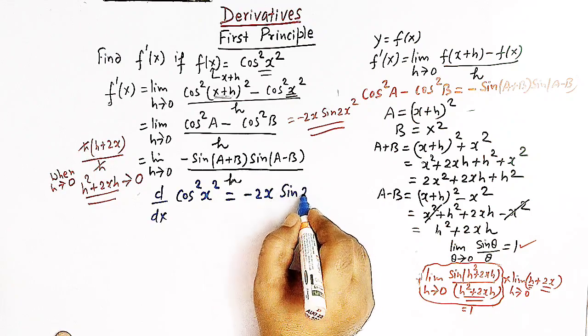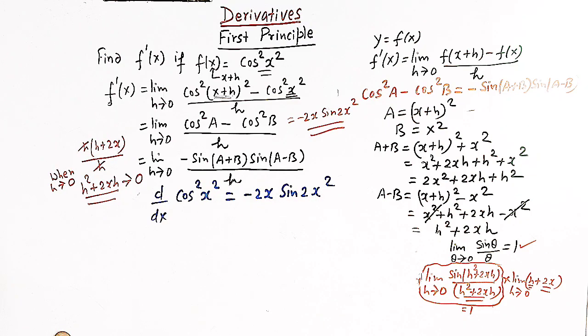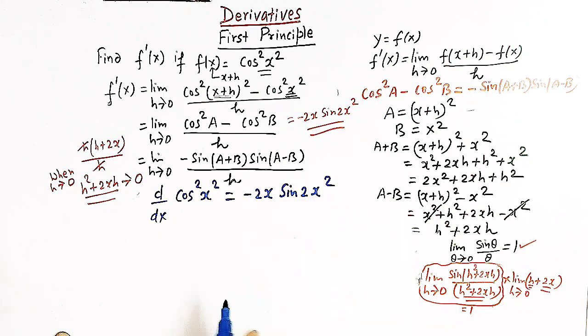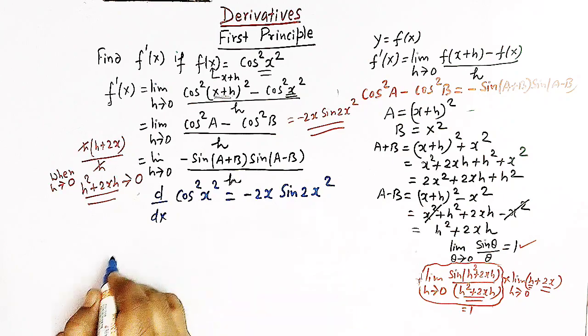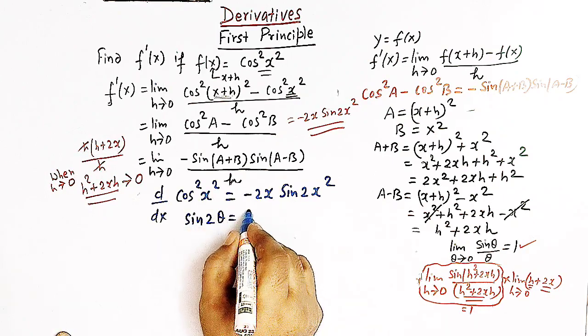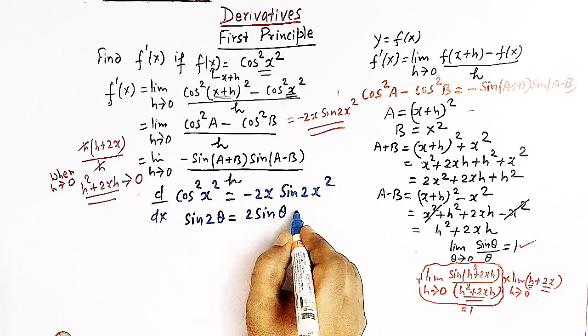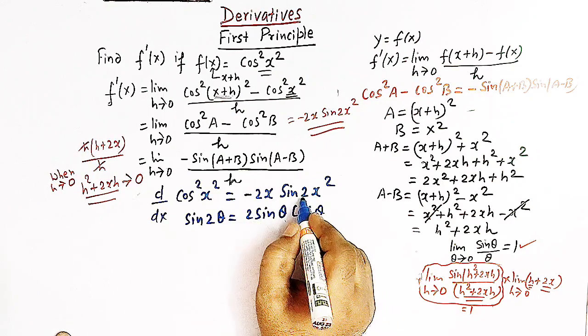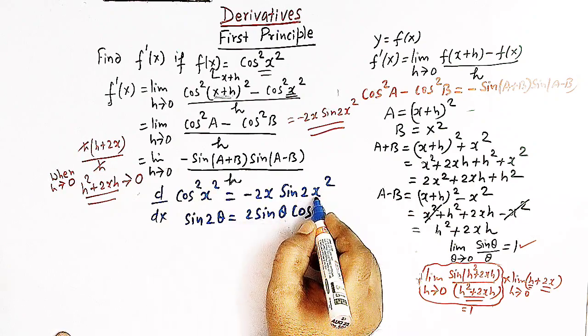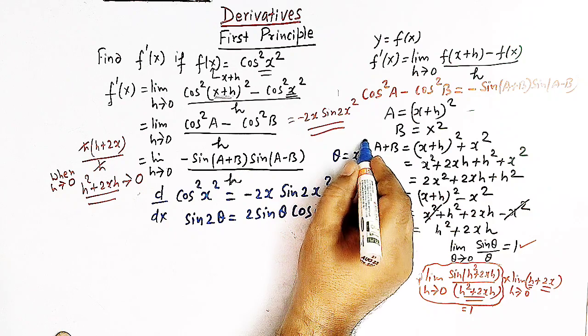is given by minus 2x sine 2x square, right? Now here we can also apply the trigonometric identity, that is sine 2 theta is equal to 2 sine theta cosine theta. So here we have 2 theta, that is 2x square, so our theta is x square, right?